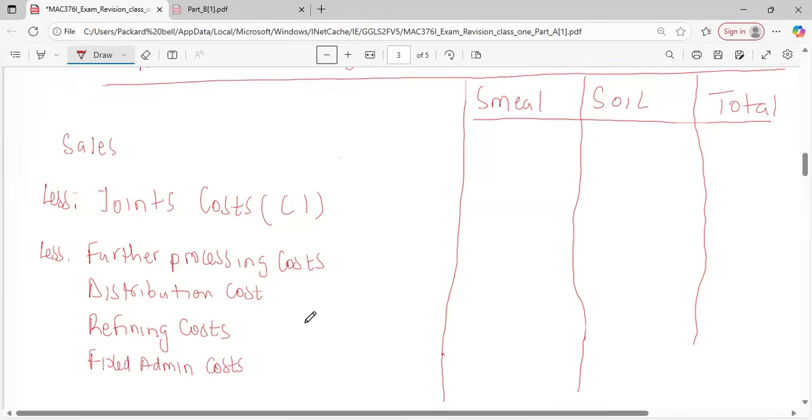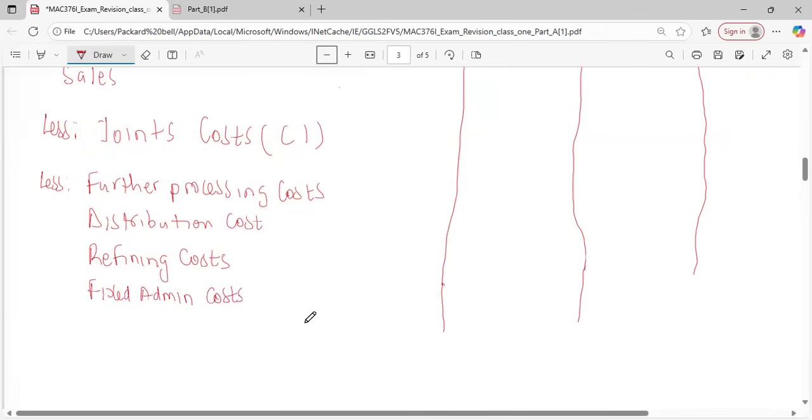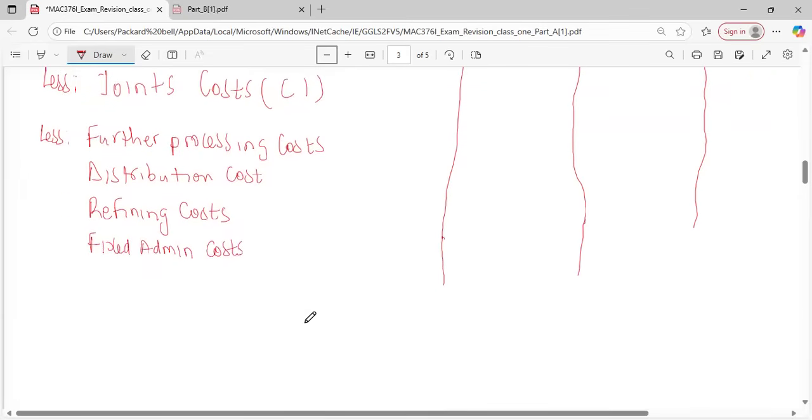Right, after admin cost, what else is going to be our cost from the question? Let's just come here and say profit before tax.